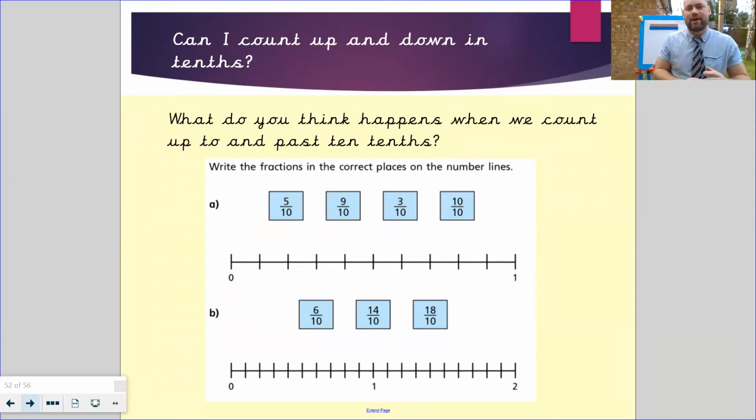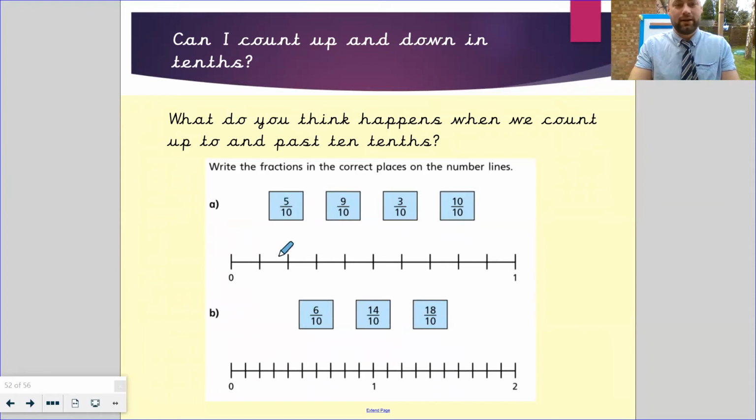Right, so write the fractions in the correct places on the number line. I'm not going to write them, I'm just going to join the arrows up here. Here we've got a number line from 0 to 1. It's cut into 10 equal parts: 1, 2, 3, 4, 5, 6, 7, 8, 9, 10. We then look at the numerator and decide where it goes. So let's have a look at this one. We've got 5.